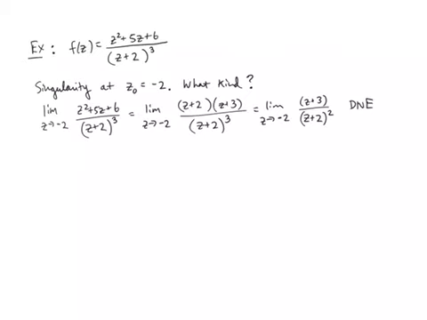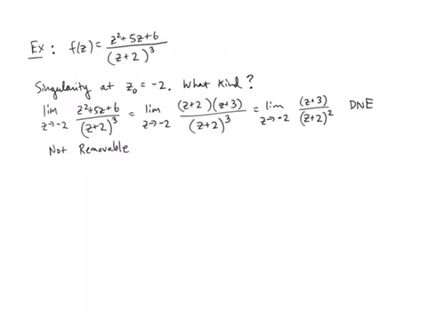Because now our numerator is under control, but our denominator, so we get something finite over 0 when we just try to plug in. So this is not a removable singularity.